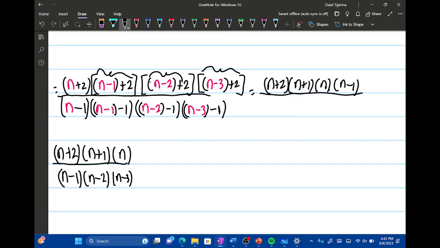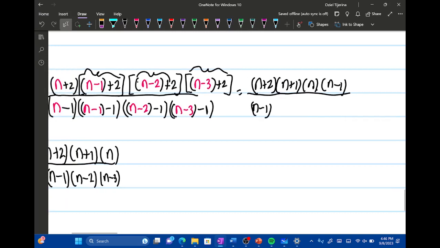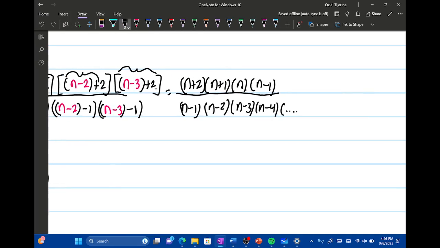And on the denominator, we're going to have n minus 1, times n minus 2 times n minus 3 times n minus 4 and so on. If we keep going downwards, it goes from 2, 1, 0, negative 1, and so on.